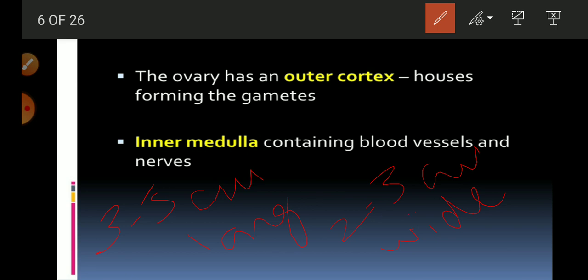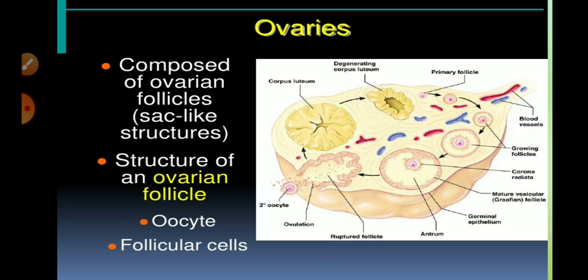And within the ovaries, there are many sac-like structures. These are called ovarian follicles, which consist of an immature egg cell that is called oocyte. Oocyte is called egg cell.